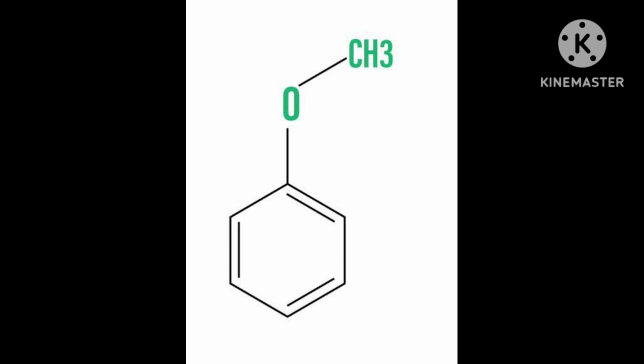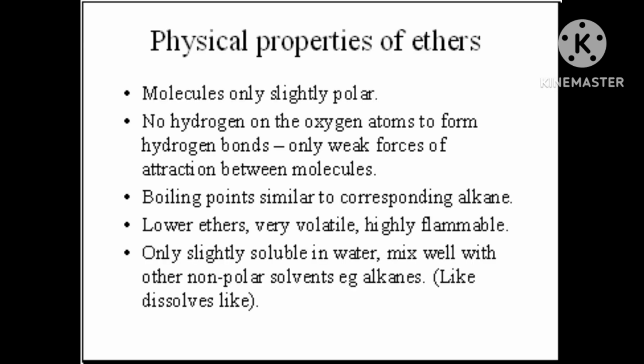Then oxygen makes a bond with carbon, that is called the C-O bond. Now the chemical reaction due to cleavage of the C-O bond in ethers. On the basis of this cleavage of the C-O bond in ethers, I am telling you the reaction.